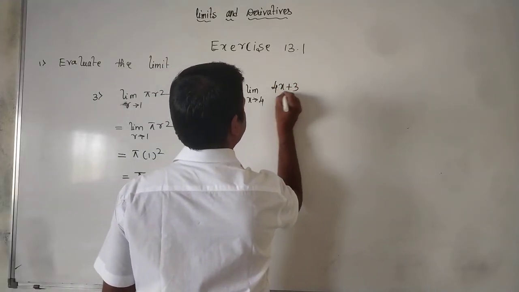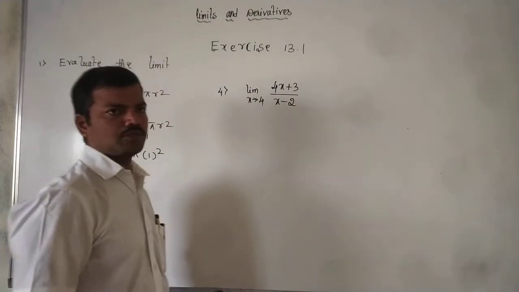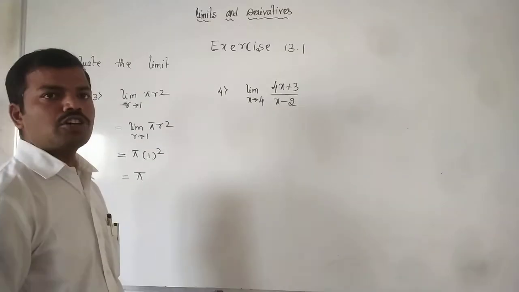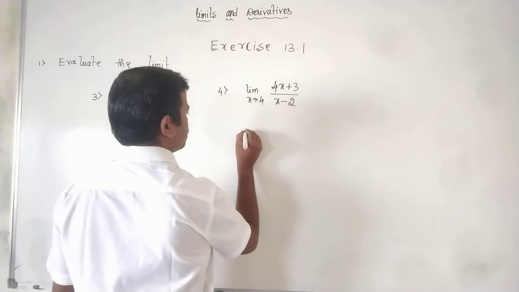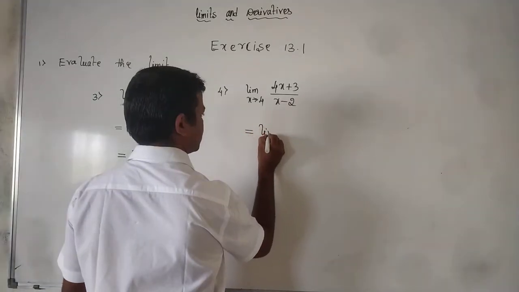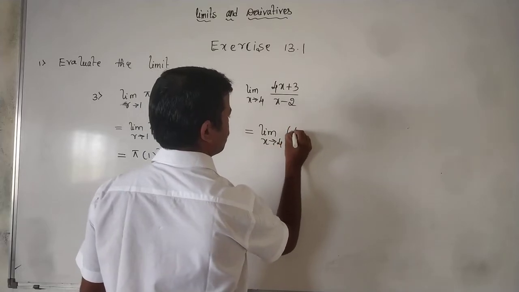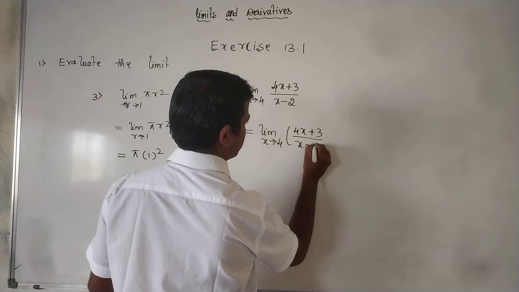4x plus 3 divided by x minus 2. So we have already known that this is the limit of a quotient of functions. What do we have to do? We take the limit as x tends to 4 of (4x plus 3) divided by (x minus 2).